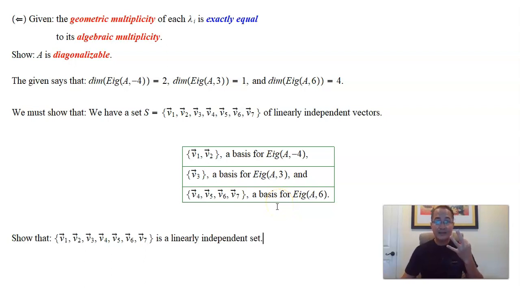Those 3 eigenvectors will be linearly independent. Now what about the other 4? I like to think of it as a greedy theorem. It wants all 7 of them, not just one here, one here, one here. I'm hungry. I want all 7 of them to be linearly independent. So that part is not very obvious at all. 3 of them, maybe, but not all 7.